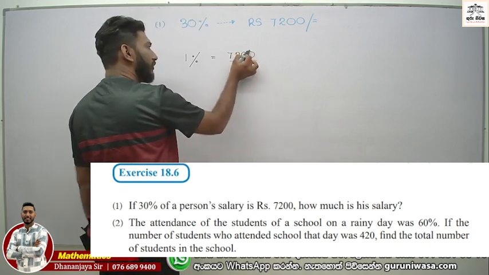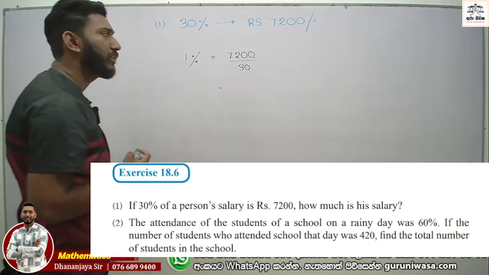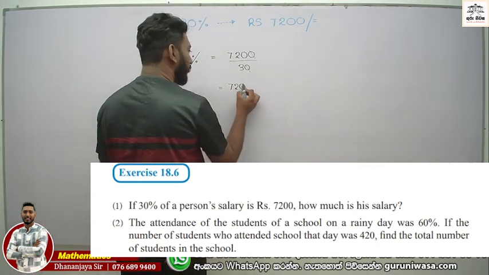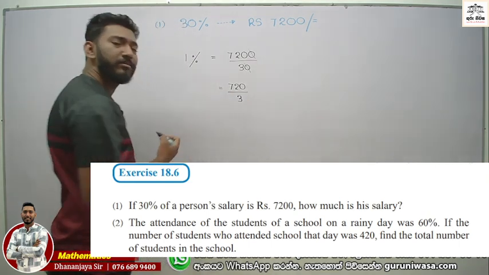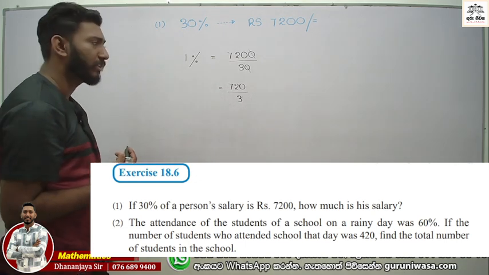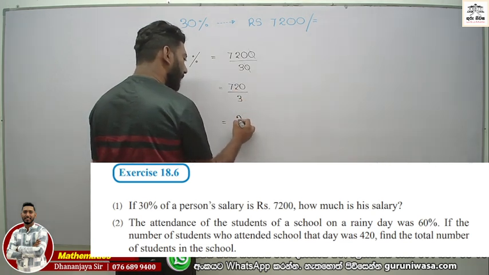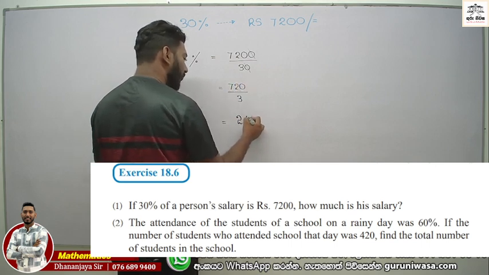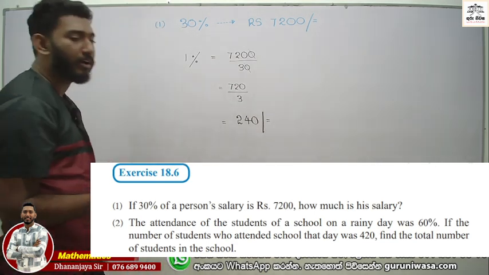Now 0 and 0 you can cut, and 720 you can divide by 3, because the sum of the digits is 9, which is a multiple of 3. Therefore, 720 can be divided by 3 without remainder. 7 divided by 3 is 2, 1 remainder, and 12 divided by 3 is 4. 240 rupees, and this is relevant to 1%.